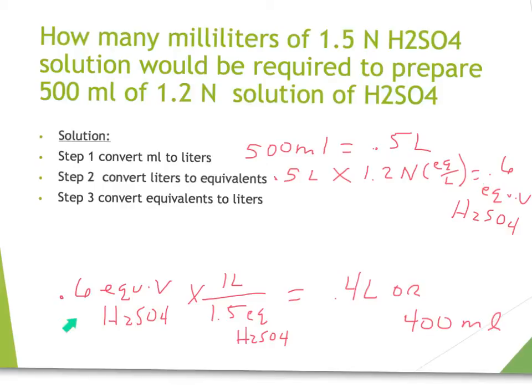We can take the 0.6 equivalents of H2SO4 and now convert this to liters. From our problem, we have 1.5 normal solution. So 1 liter of H2SO4 would have 1.5 equivalents of H2SO4. Equivalents would cancel out. Our mathematical answer would be 0.4 liters or 400 milliliters.